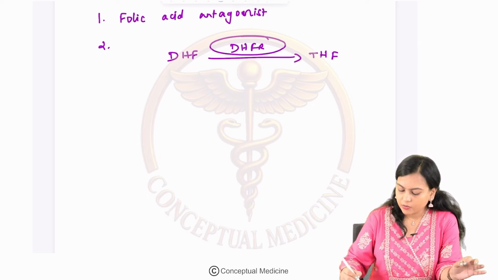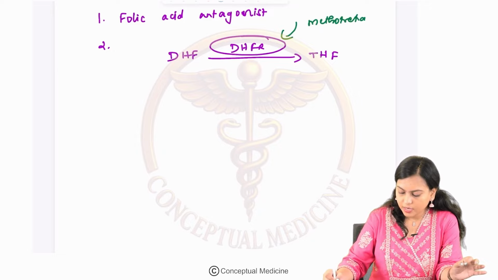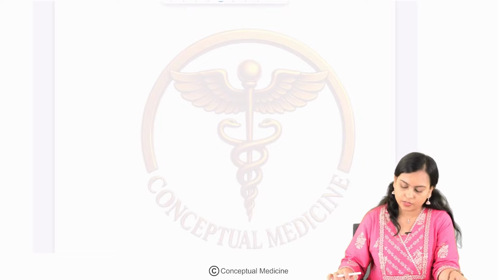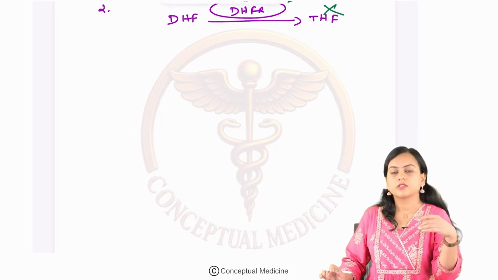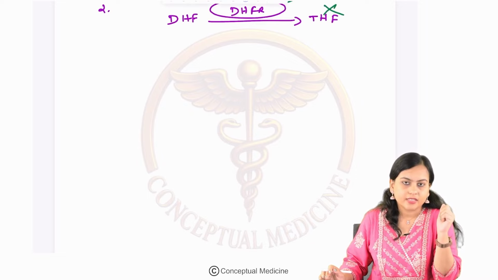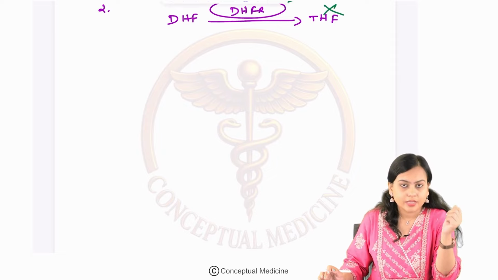Now, methotrexate binds to this, and this conversion is not happening. So, tetrahydrofolate is not formed. Okay. So, methotrexate is active against most of the rapidly proliferating cells. That includes not only trophoblast but also the gastrointestinal mucosa, the bone marrow, the respiratory epithelium, etc.